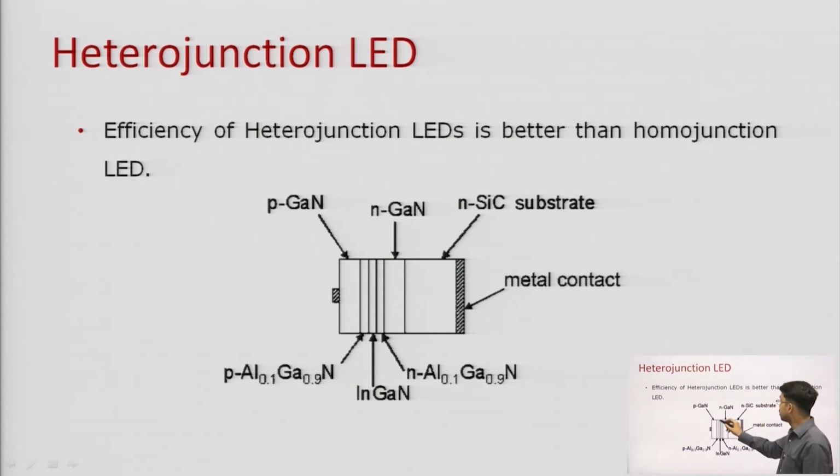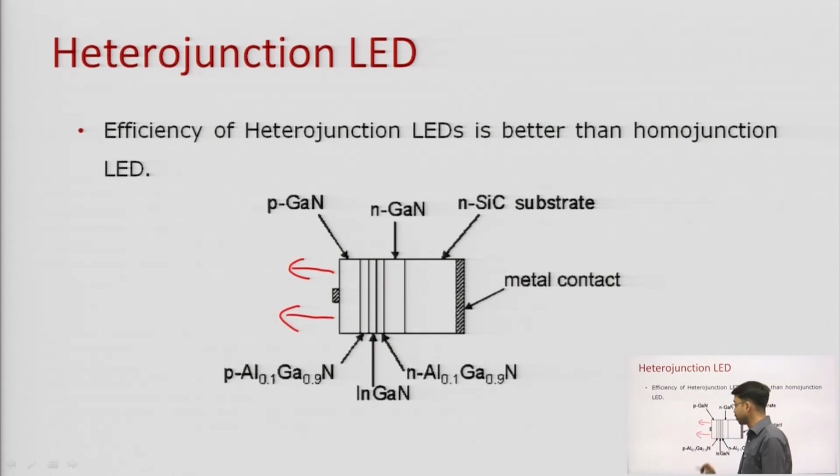So these are called heterojunctions, and they give better efficiency in comparison to homojunction LEDs. Again you can see this is the P side, this is the N side, we have to connect the positive terminal over here, negative terminal over there, and light will come out from this.